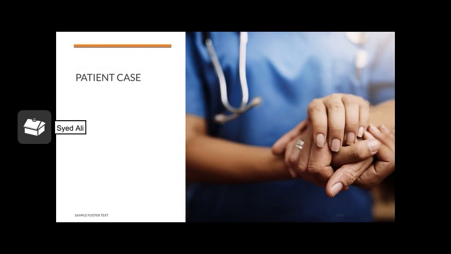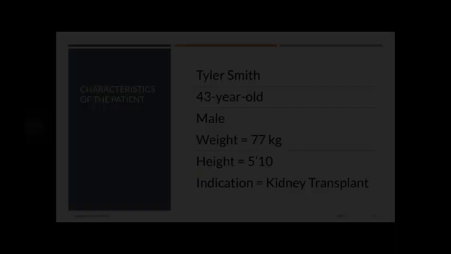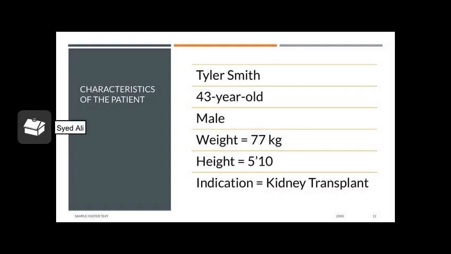Okay, so now I will be talking about a patient case regarding the pharmacogenomics of tacrolimus and its respective CYP3A5 metabolism. So this is the patient that I will be using as the example.